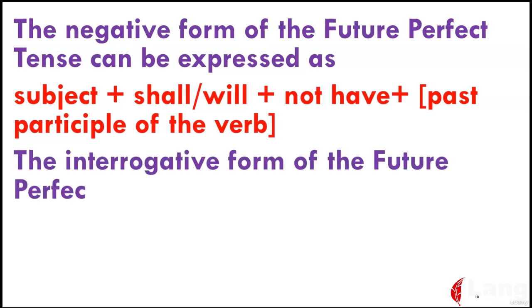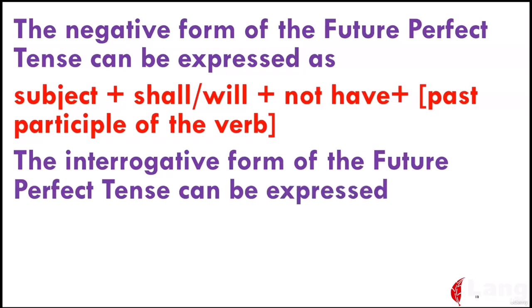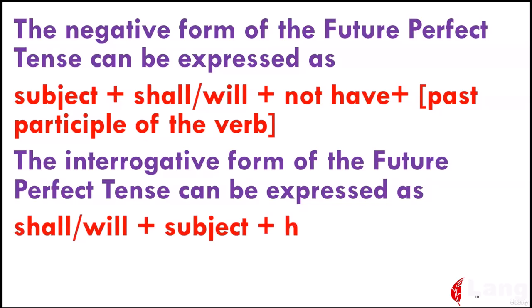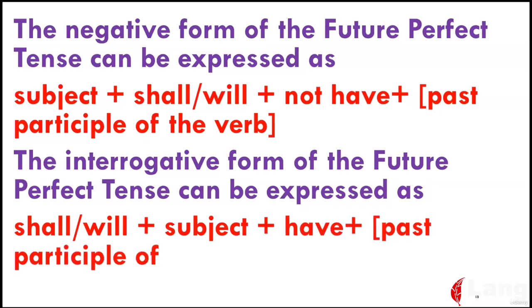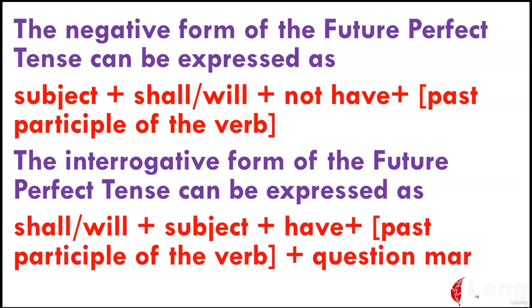The interrogative form of the future perfect tense can be expressed as shall or will plus subject plus have plus past participle of the verb plus question mark.